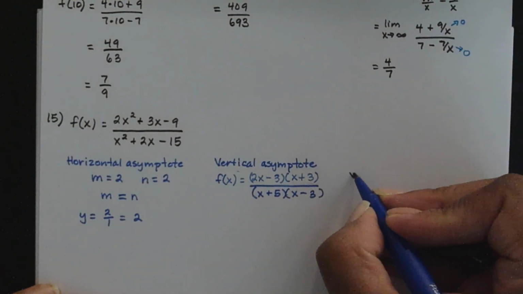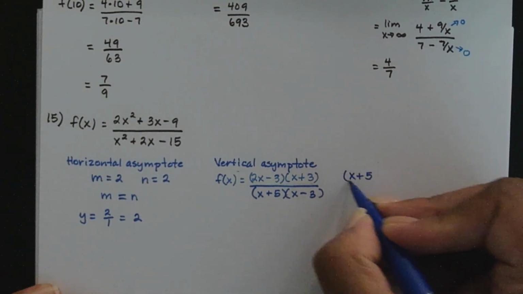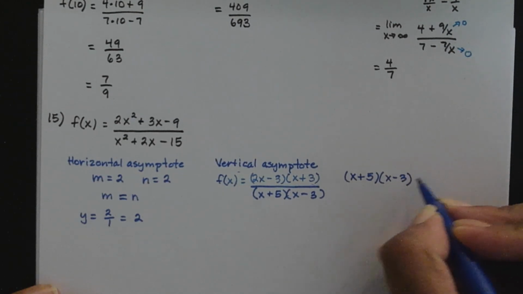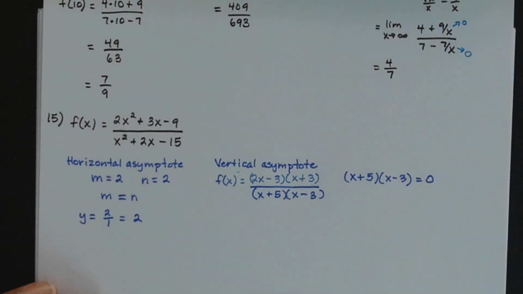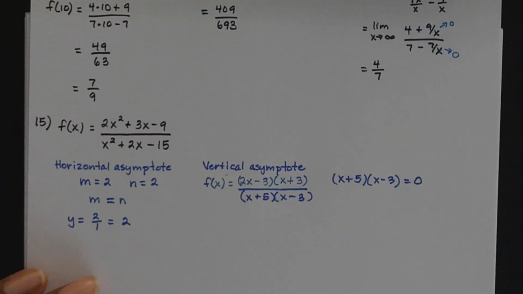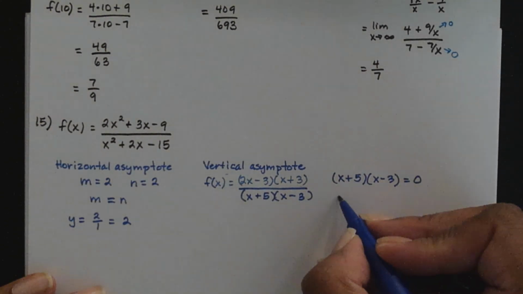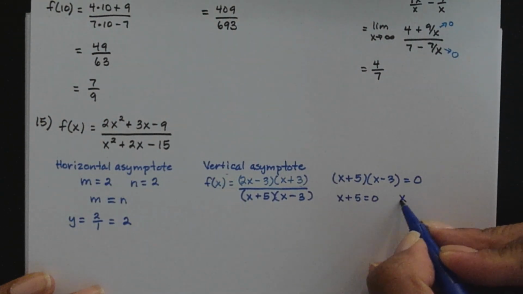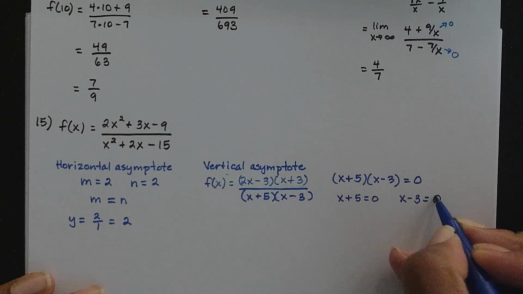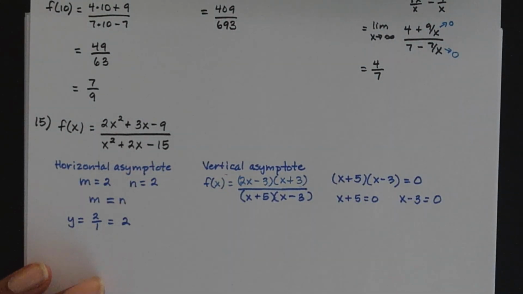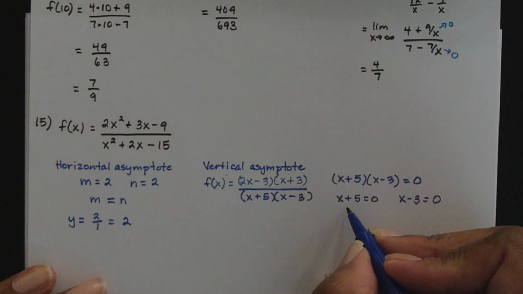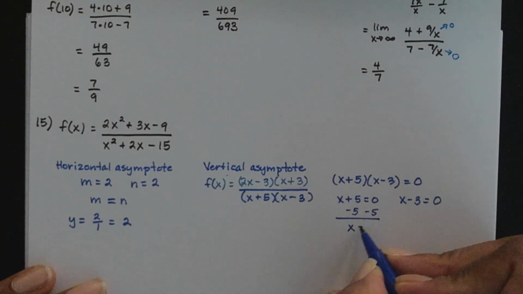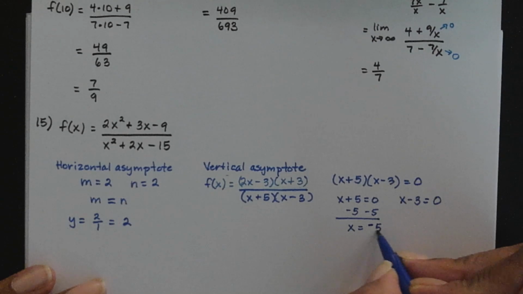So now, I'm just set x plus 5 times x minus 3 to be equal to 0. And then set each factor equal to 0. So it'll be x plus 5 equal to 0, x minus 3 equal to 0. So here if I subtract 5, you'll get x is equal to negative 5.